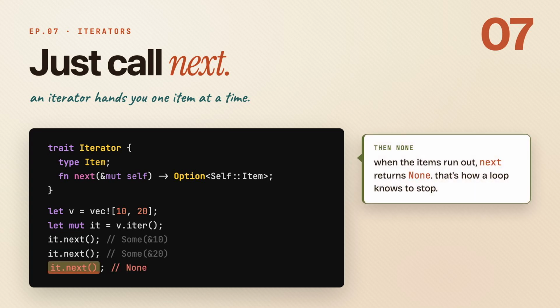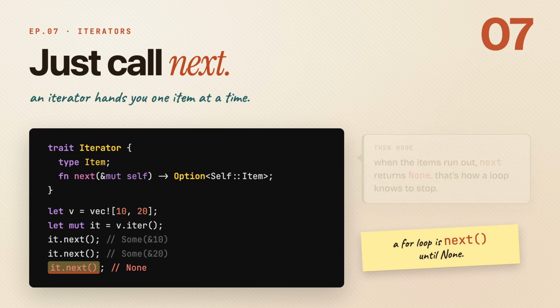And when the items run out, next returns None. And that None is exactly how a for loop knows when to stop. A for loop is this automatically.